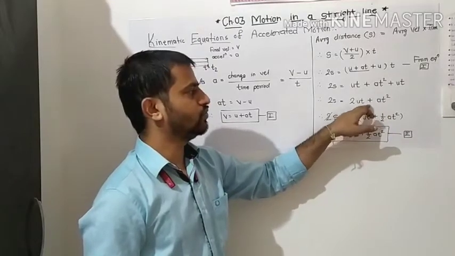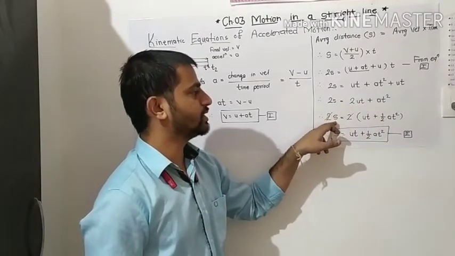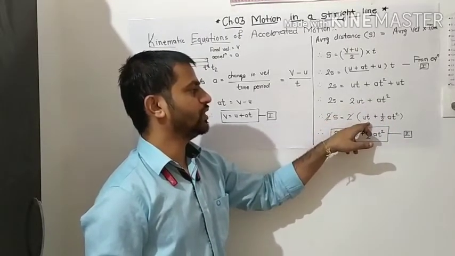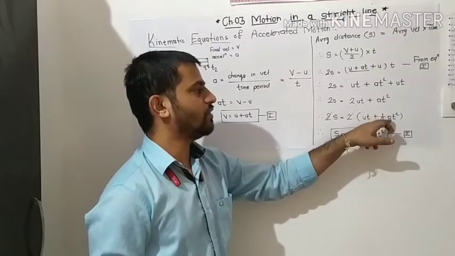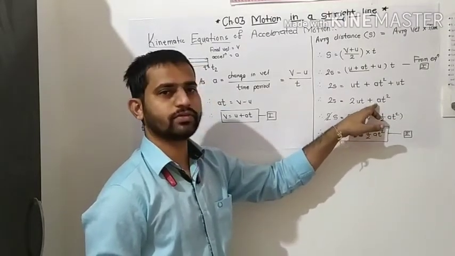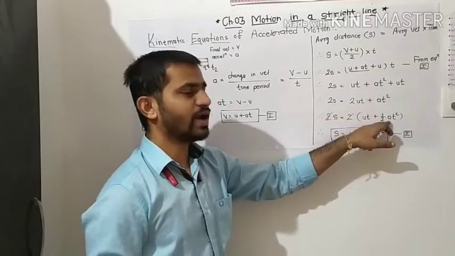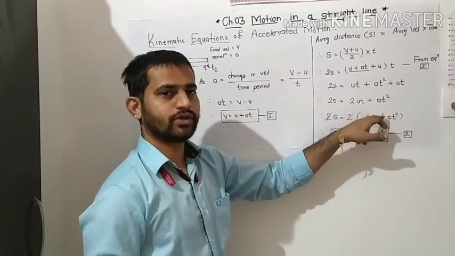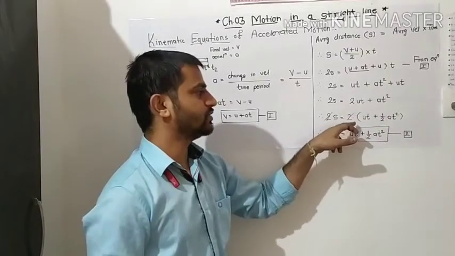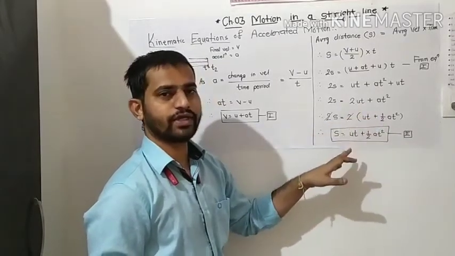If we take the 2 common from this, we will get twice s is equal to twice u into bracket ut plus 1 half at square, because here 2 is not present. To take the 2 common, we have to divide this term by 2. So our equation becomes twice s is equal to twice ut plus 1 half at square.